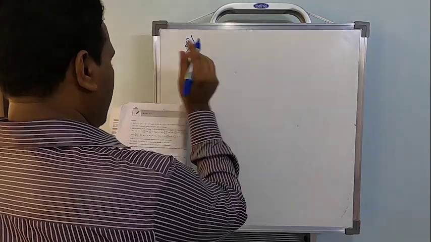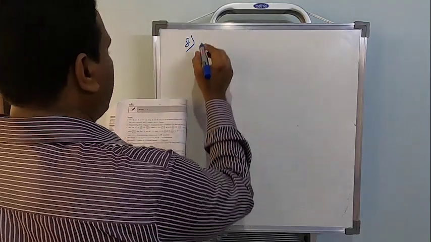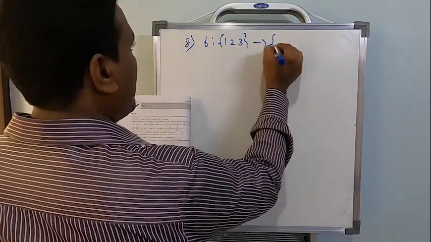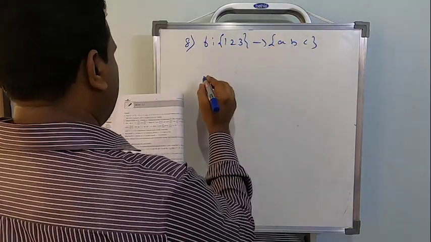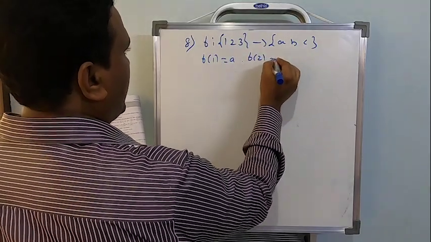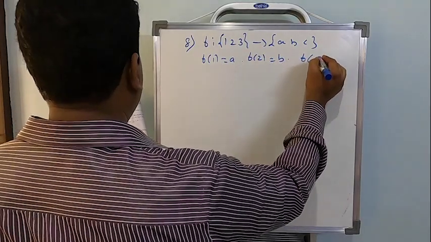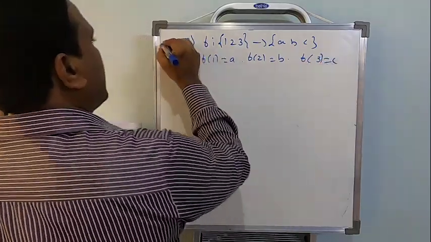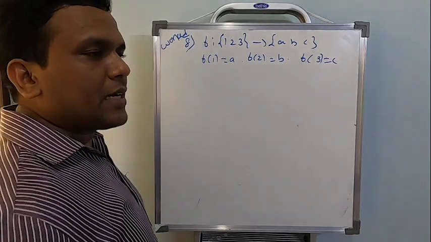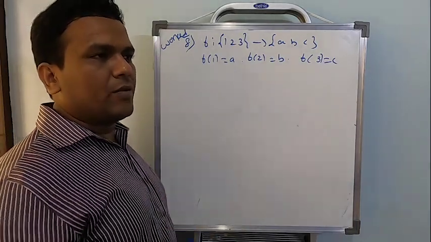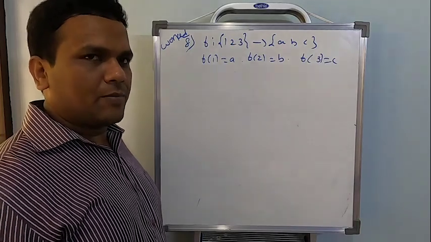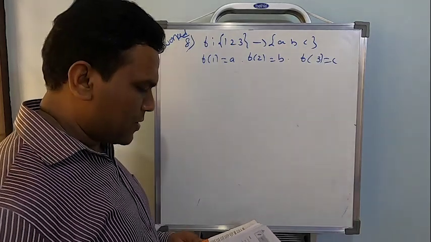The eighth one is, they have mentioned f from {1, 2, 3} to {a, b, c}, defined as f of 1 equals a, f of 2 equals b, and f of 3 equals c. These are worked examples actually, remember. I thought in the beginning it would be easy for you to go through the new concept of 5 problems. So let me go through the remaining problems now.